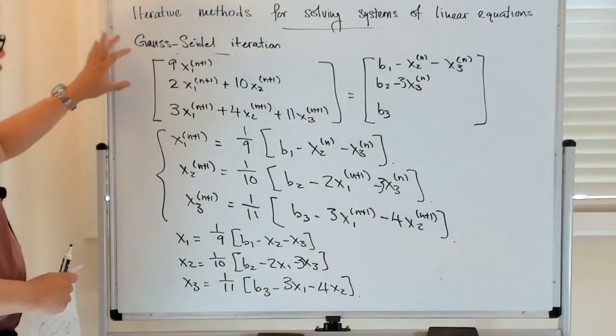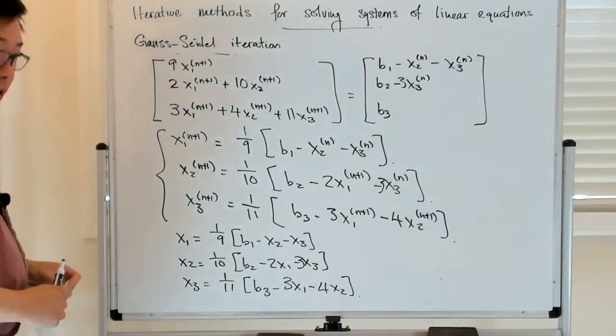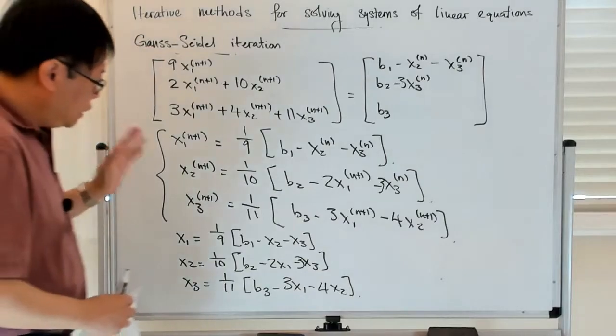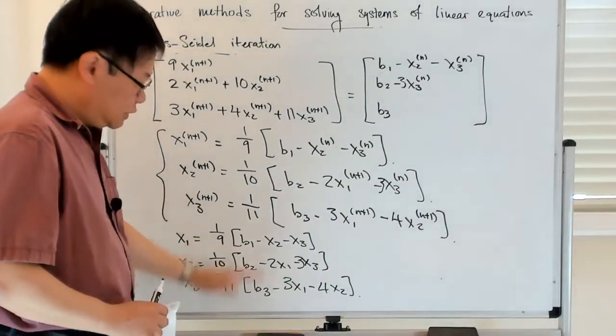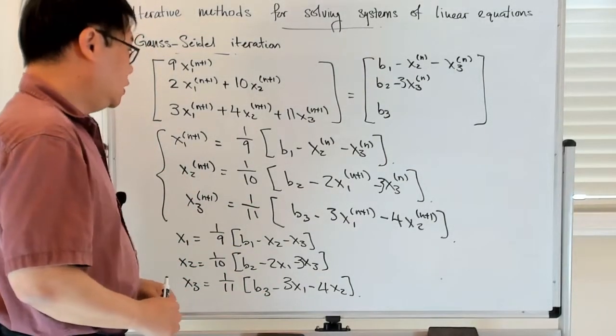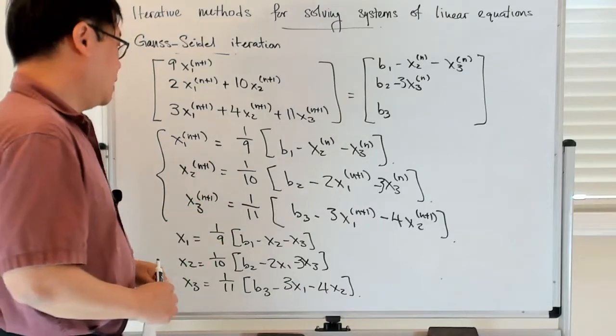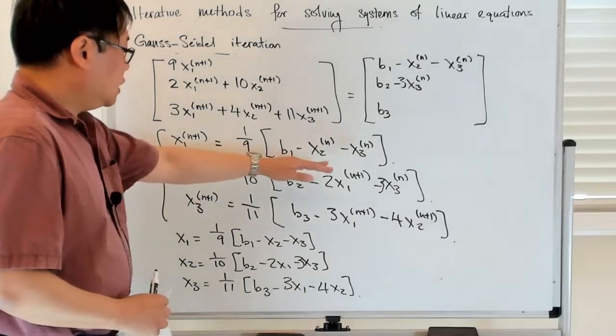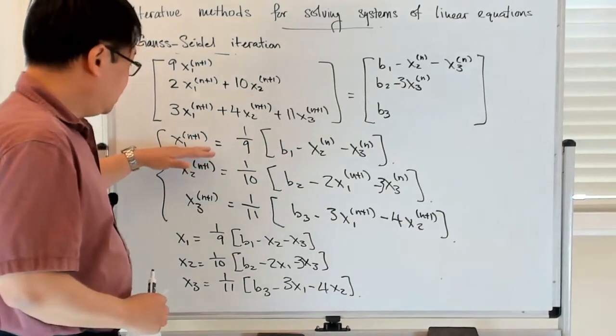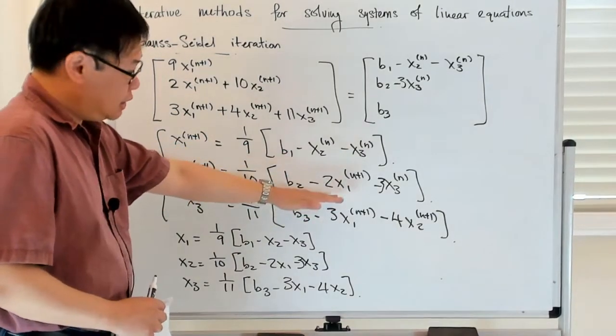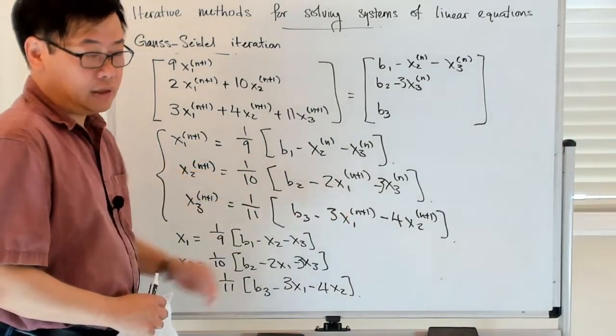It's the main distinction between Gauss-Seidel and Jacobi iteration. They're both trying to solve this type of fixed point equation through some sort of iterative scheme. But with Gauss-Seidel, once you've computed a new value, you use that in the other components of the iteration.